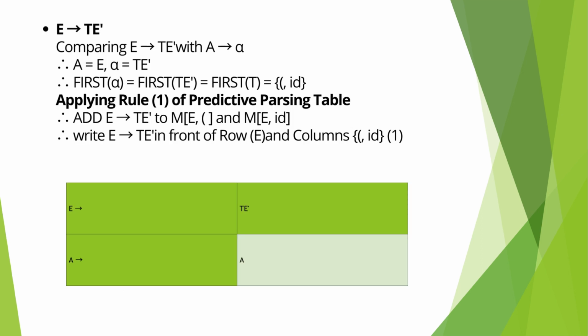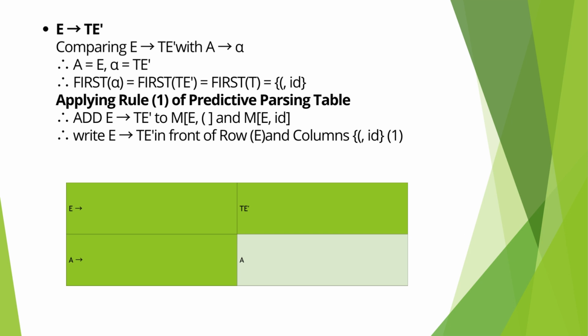For each grammar rule we are using the rules of first and follow to make the predictive parsing table. E tends to TE dash. Comparing E tends to TE dash with A tends to alpha, we can see that capital A is the non-terminal, whose value is E, and alpha is TE dash.